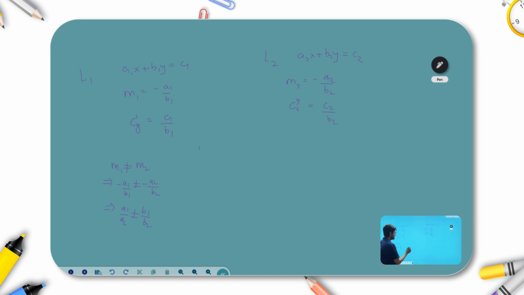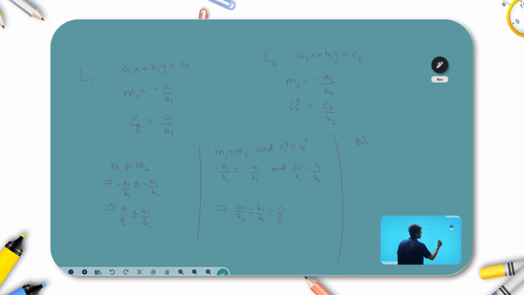For infinitely many solutions, m1 should be equal to m2 and the y-intercepts c1 by b1 should be equal to c2 by b2. That will give me minus a1 by b1 is equal to minus a2 by b2, and c1 by b1 is equal to c2 by b2. So this will give me a1 by a2 is equal to b1 by b2 is equal to c1 by c2.